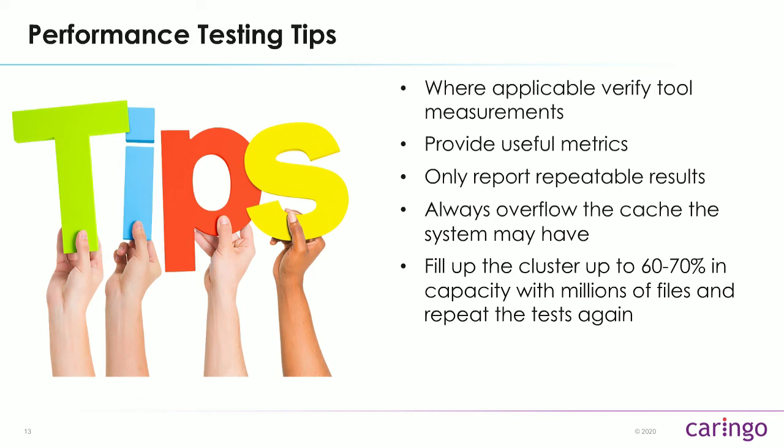As I mentioned, overflow the cache that the system may have, right? So do as many operations as required with as many clients as you can get to reach that limit. So usually, start slow.